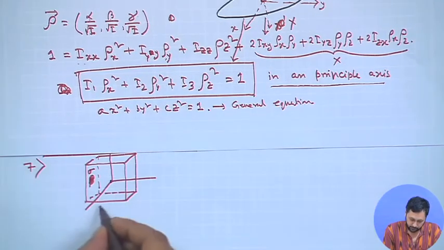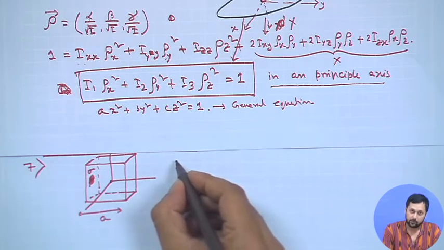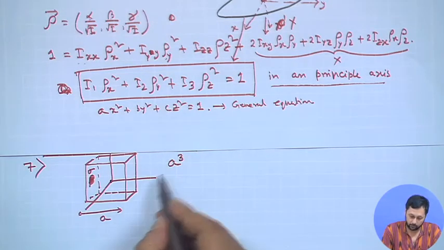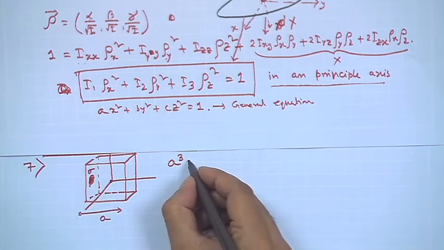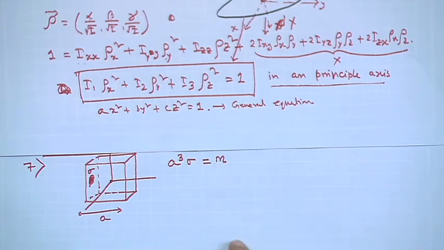So, if each dimension of this cube is A, then the total volume of the cube is A cubed, and we multiply it by sigma to get the total mass m.